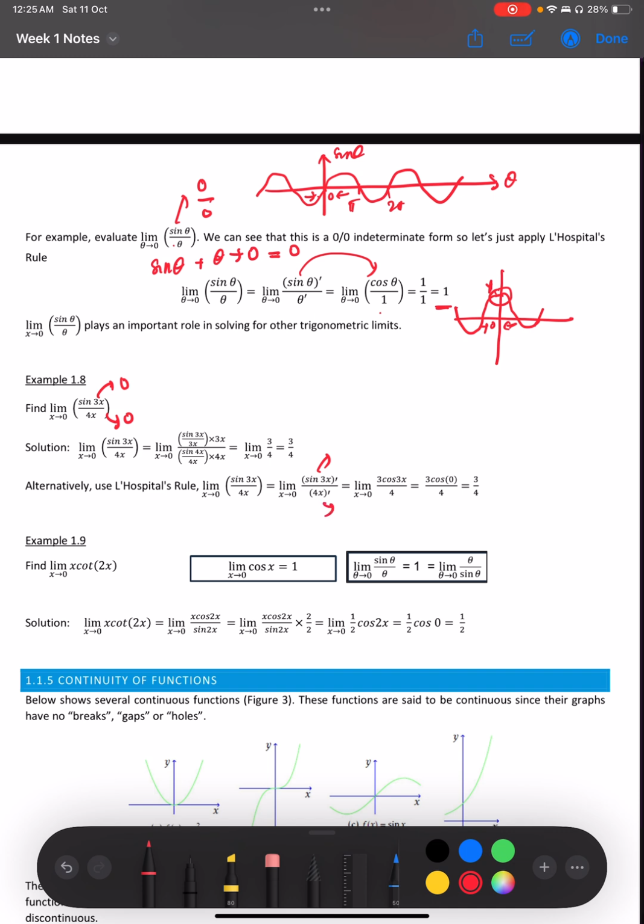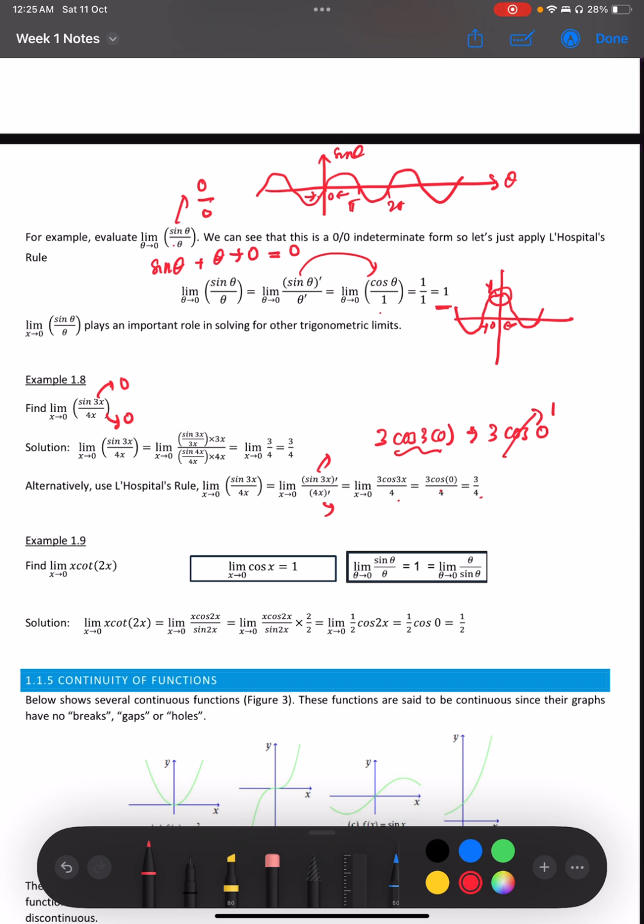Differentiate sine 3x, you will get 3 cos 3x. Differentiate 4x, you will get 4. So cos 3 multiply 0, so this one will be 3 cos 0. Cos 0 will give the value of 1. Therefore, 3 divided by 4.